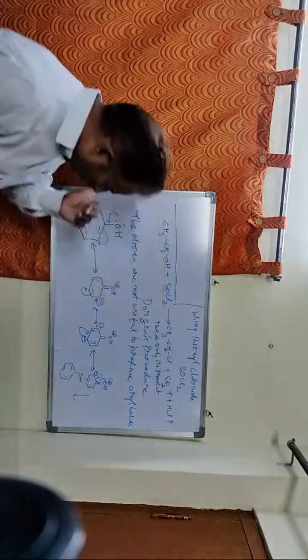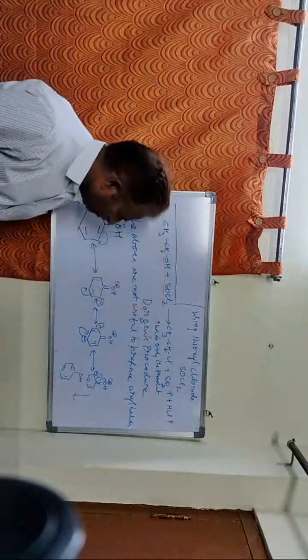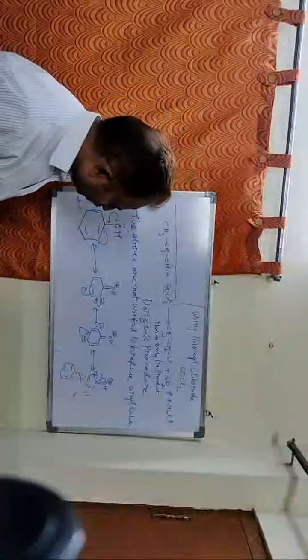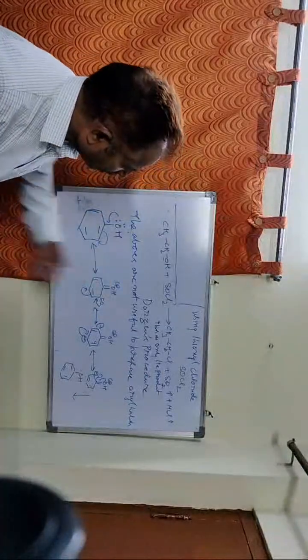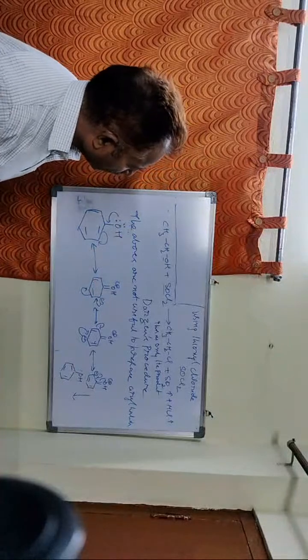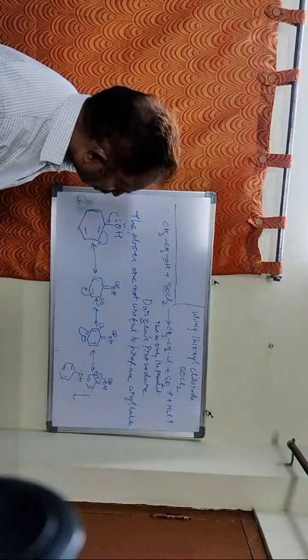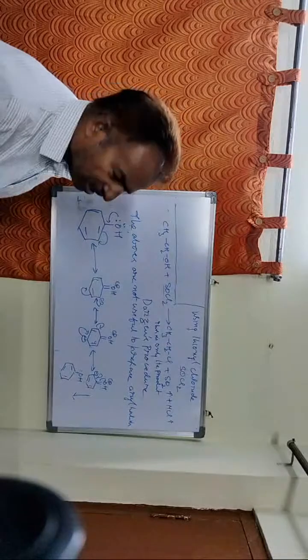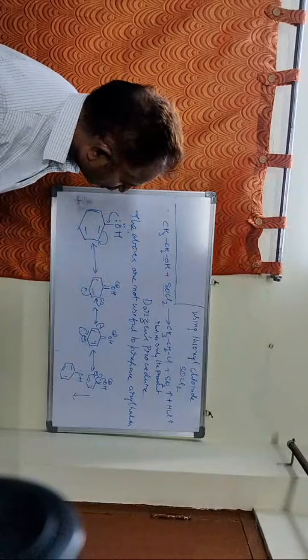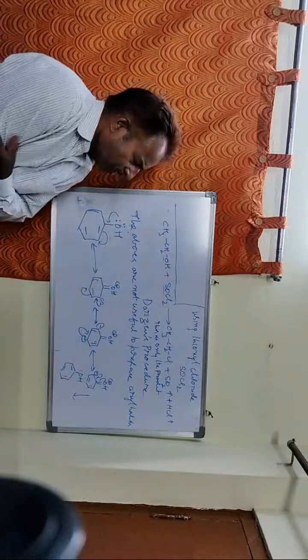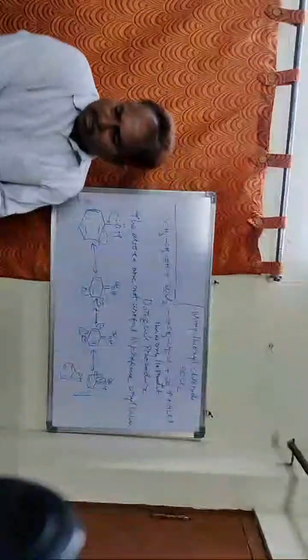So in phenol, what happens is the OH group is involved in resonance with the ring structure. The hydroxy group is not replaced by a halogen atom. That's why by using halogen acids, we cannot get aryl halides from phenols.